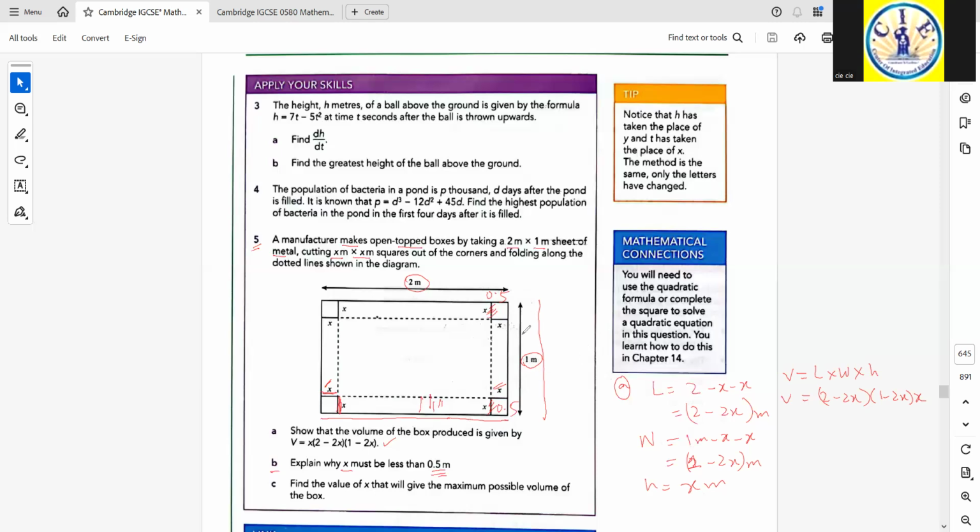So the portion that needs to be cut should be less than 0.5, so that when you cut this portion from the top and the bottom, the remaining is some value less than 1 meter.